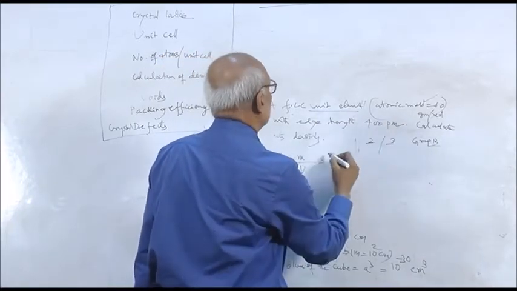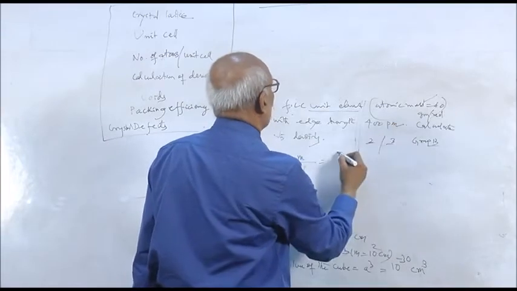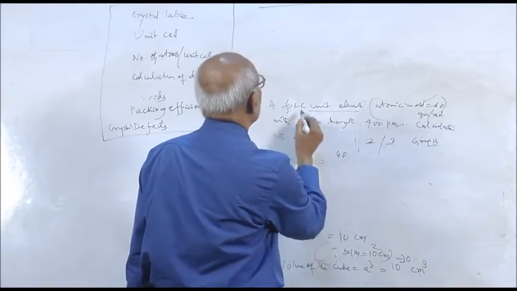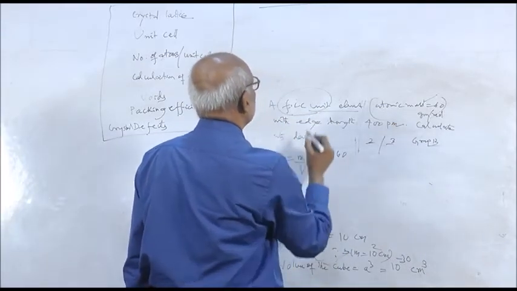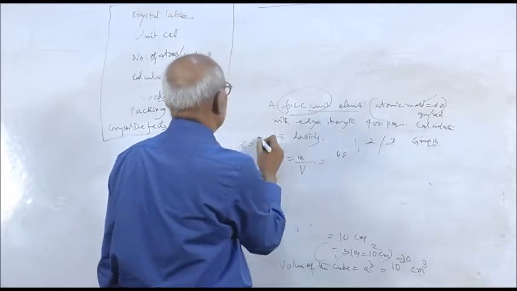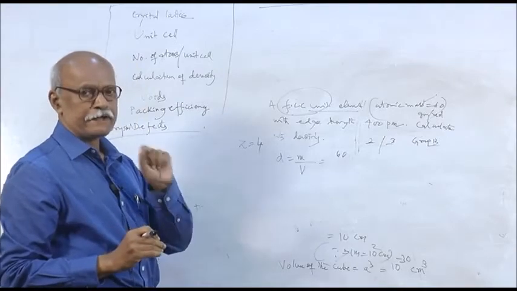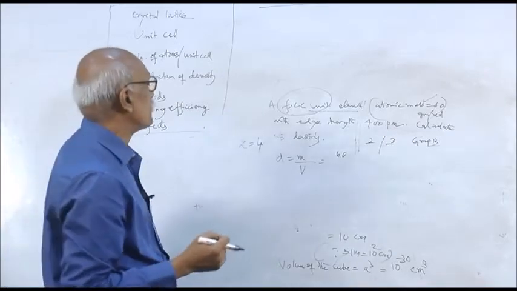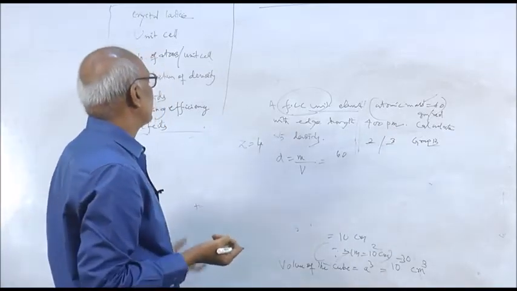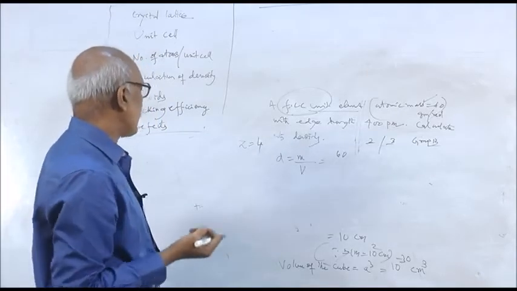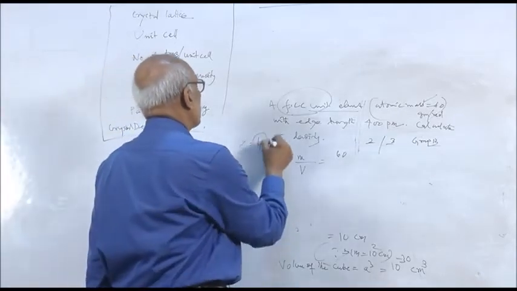Suppose this is FCC. FCC means Z is equal to 4. The corner contribution is 1 by 8, and the face contribution is half, so 6 into half plus 8 into 1 by 8 gives Z equal to 4.